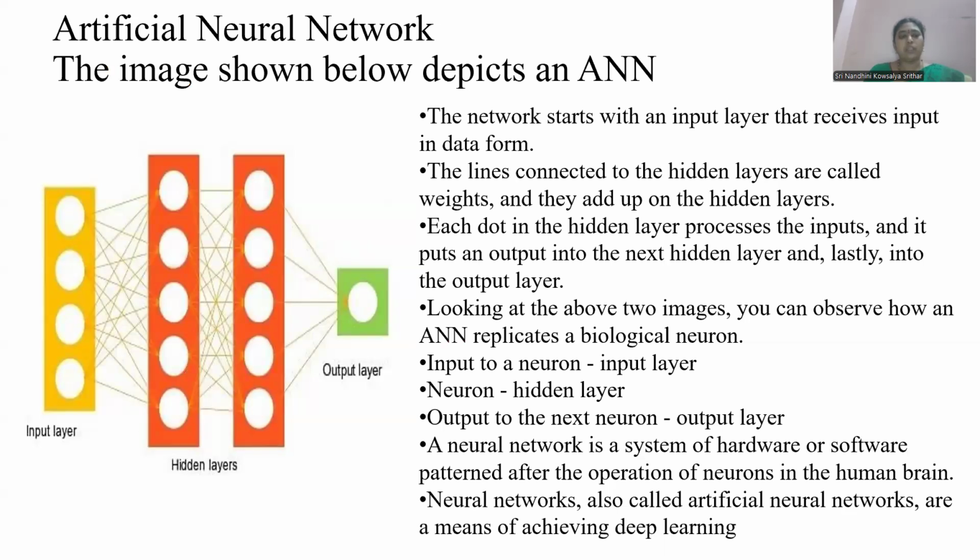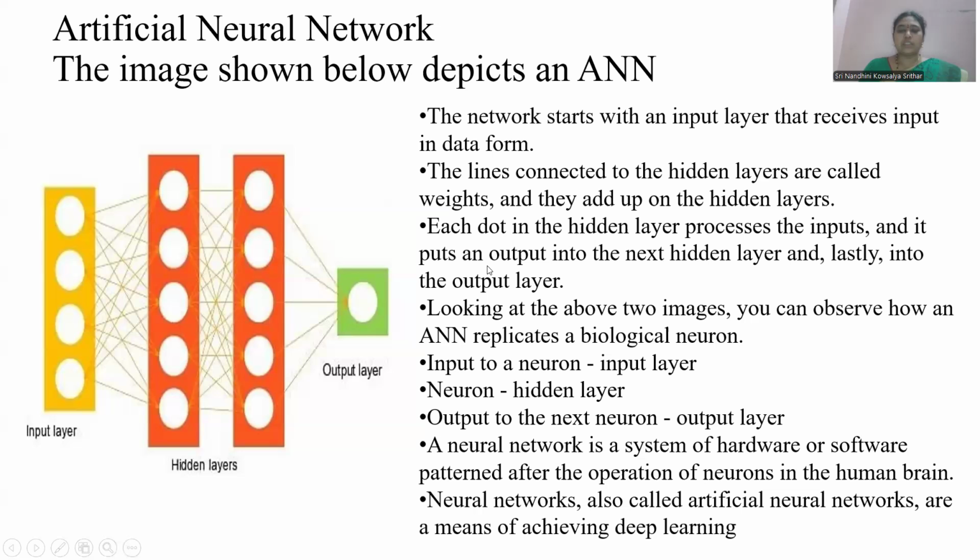The input layer gets the input from outside, and then the hidden layers do the function or process the information. Then the output layer gives the output of the particular process, which also acts as the input to other neurons. So this structure is simply called a perceptron.